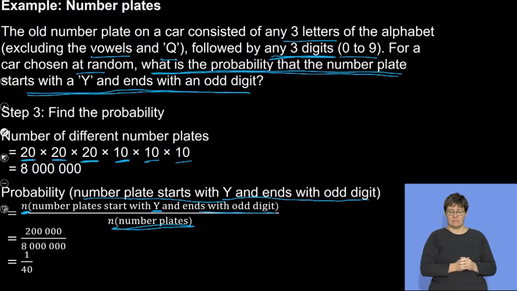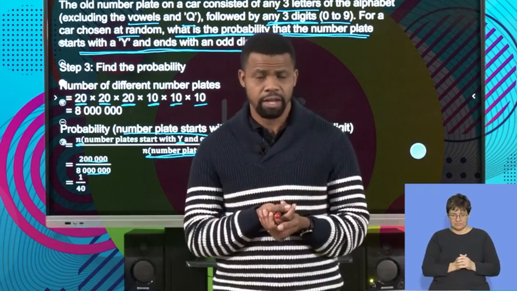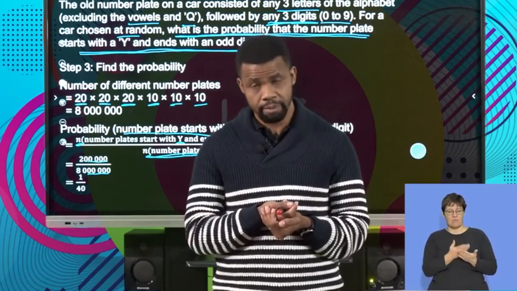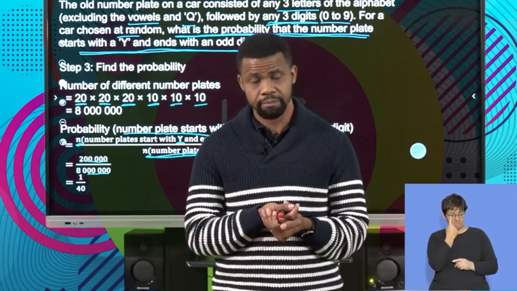So we had 200,000 divided by 8 million. You simplify that, and you get 1 over 4. You can leave your answer as a fraction. That's the probability. Does that make sense?